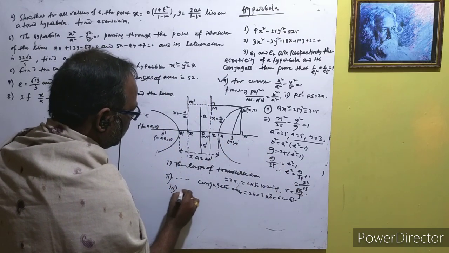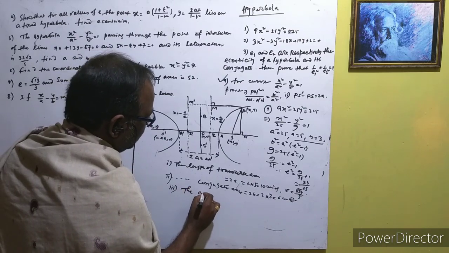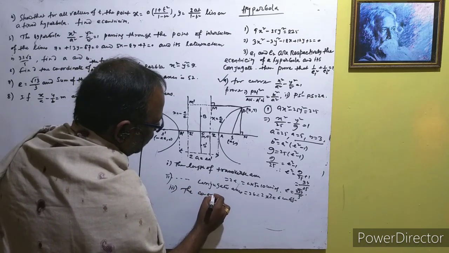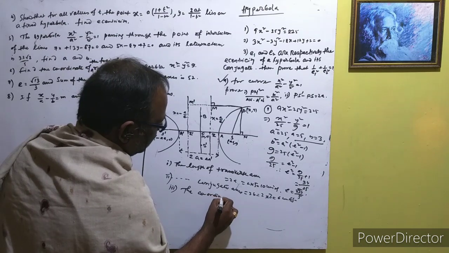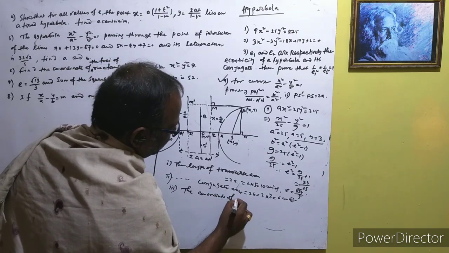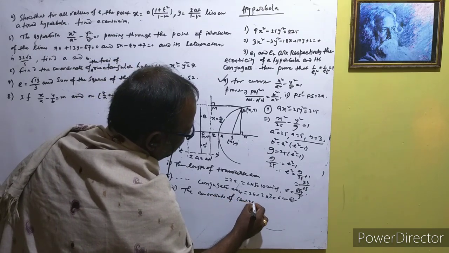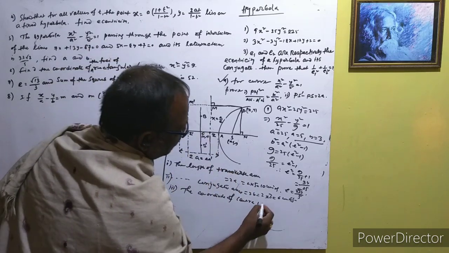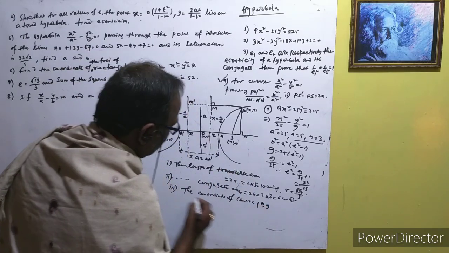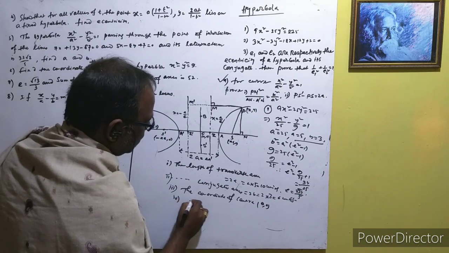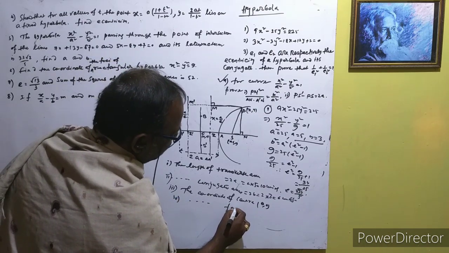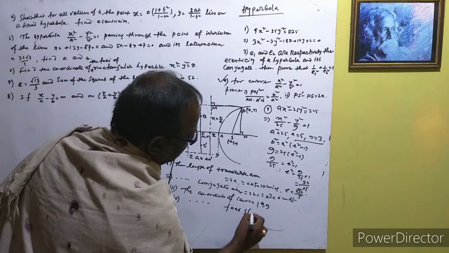Number 3, the ordinate of the center. See, the center is 0, 0. Okay. And number 4, the coordinates of the foci, that is a e, 0.